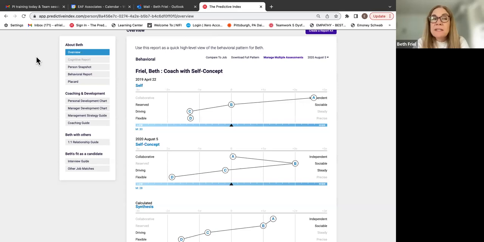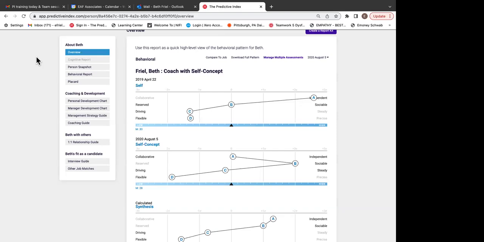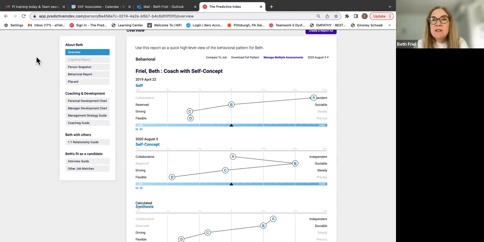Most of the time when I see that self change, and it's only been a year or 2, it usually matches the self concept. Both of those graphs turn out looking the same. And so I think subsequent assessments tend to, if the self changes, it's more likely to be a self concept.